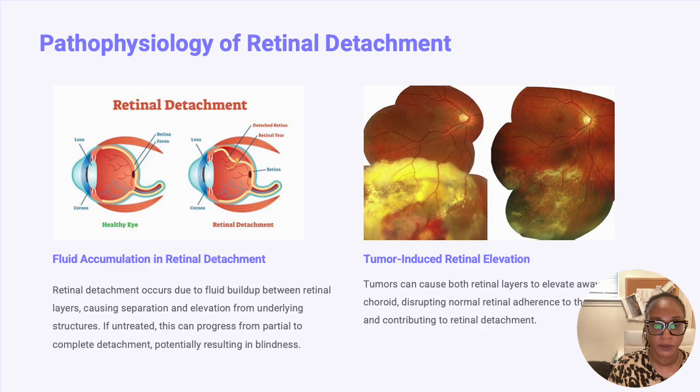If untreated, this can progress from partial to complete detachment, potentially resulting in blindness. Tumor-induced retinal elevation: a tumor can cause both retinal layers to elevate away from the choroid, disrupting normal retinal adherence and contributing to retinal detachment.